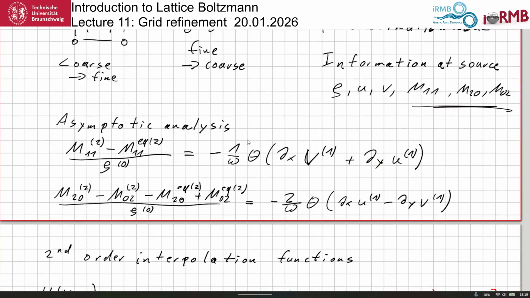We said that this is these guys here, right? So we would have a minus theta 1 over omega in front of it.